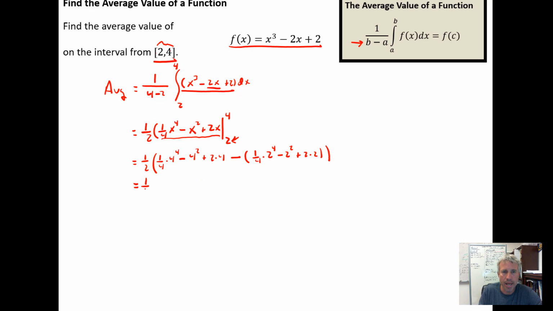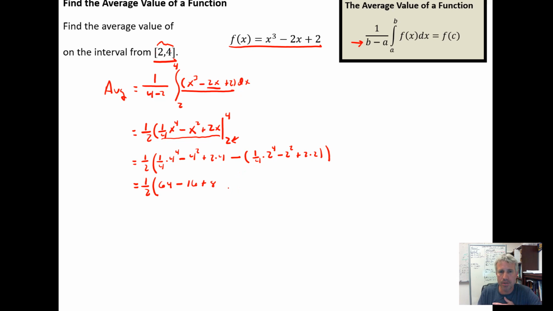So it's going to be 1/2 times, this is really going to be 4 cubed right here. And 4 cubed is just 64. 4 times 4 is 16 times 4 is 64, minus 4 squared is 16, plus 8.